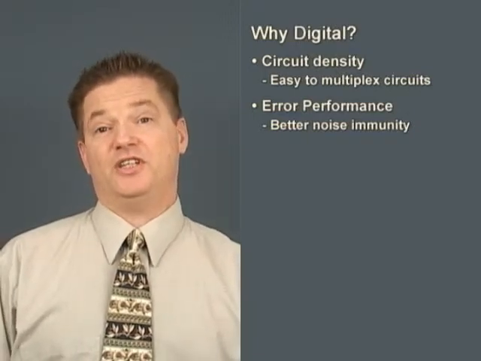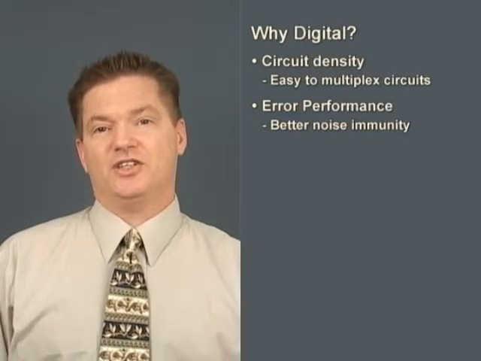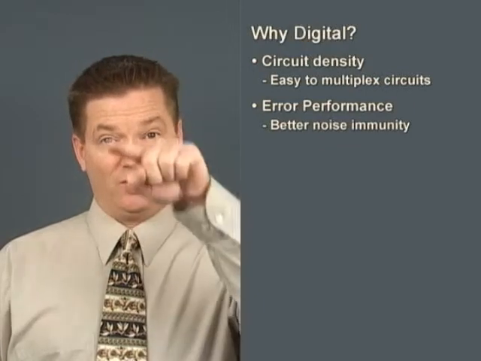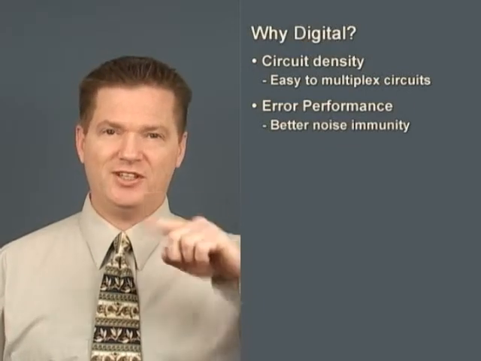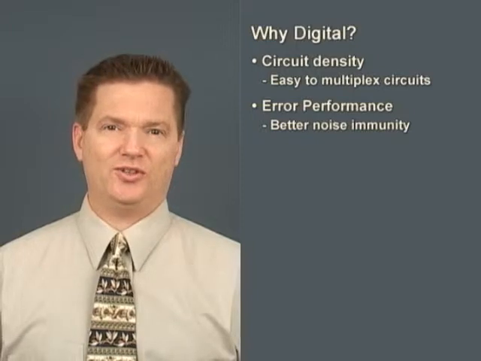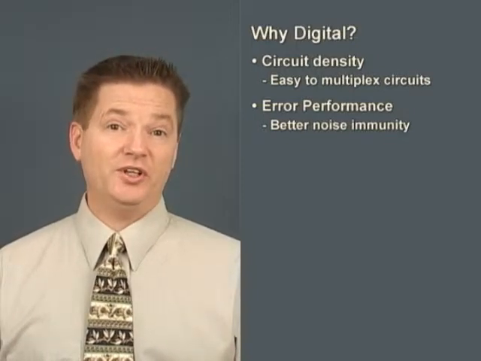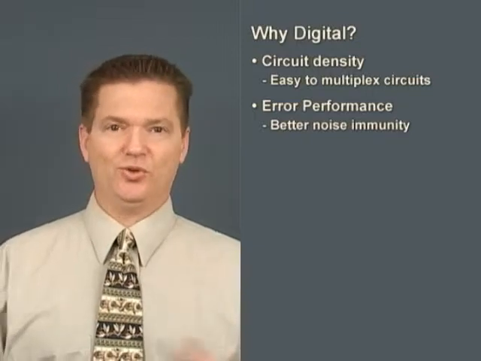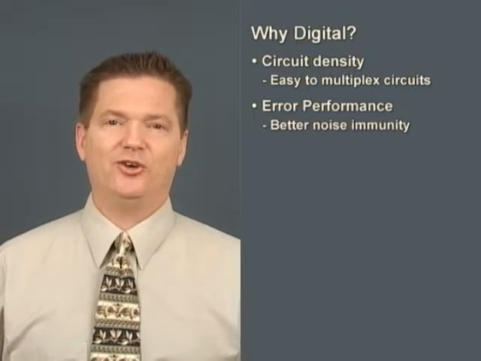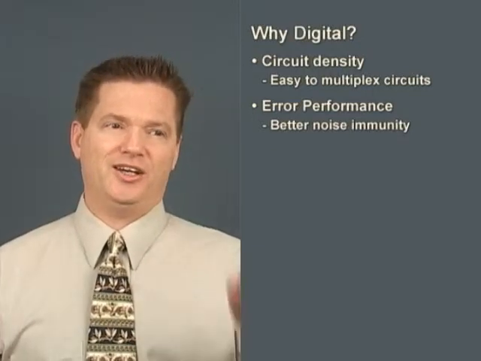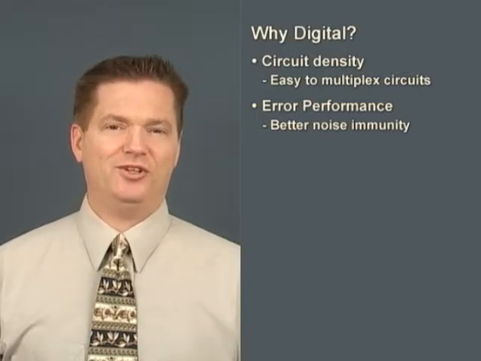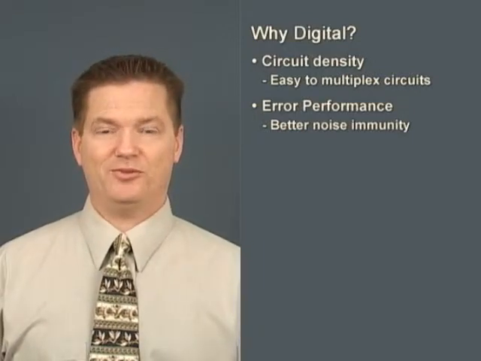Now the beauty of this technique is that you can tell the difference between a square pulse and fuzzy noise that gets added to it during transmission. So when we get to some intermediate point in the transmission system and we have to do something with the signal, we can throw the noise away and just send a nice clean copy of the signal down the next cable.